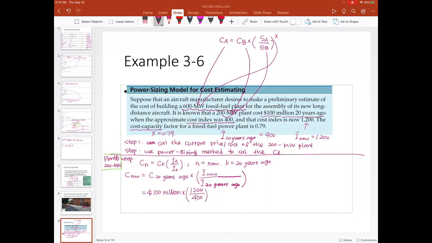So the two indices tell you the price for now for this smaller plant is 3 times the price 20 years ago. Okay, so now the price is 300 million US dollars for the smaller plant. So we know that the CB, because we said CB is the cost we know, and that's the cost we just calculated. It's 300 million for now. So this is our new CB.